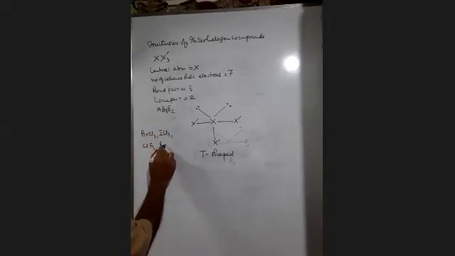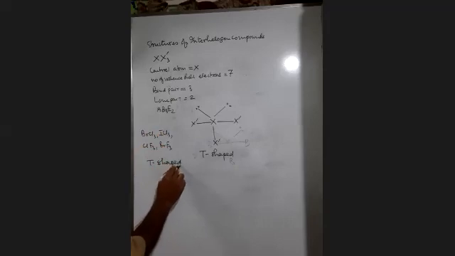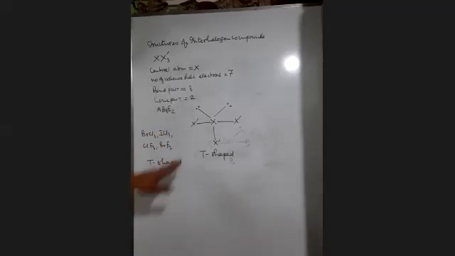All of them are going to have a T-shaped structure. This is important for your exam, T-shaped. So this is our theory, this is our application. Don't write individually, because you may get confused. Learn with the main molecular formula, and automatically all of them will follow the same rule, same structure.